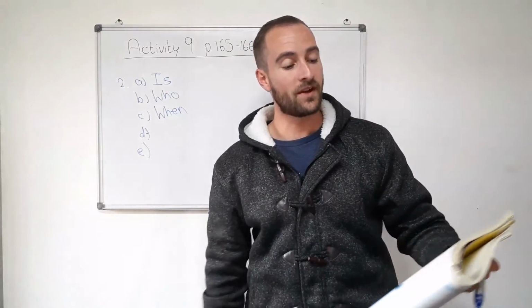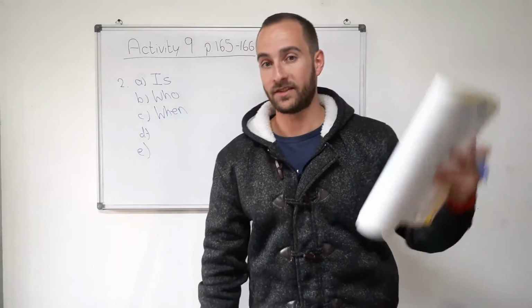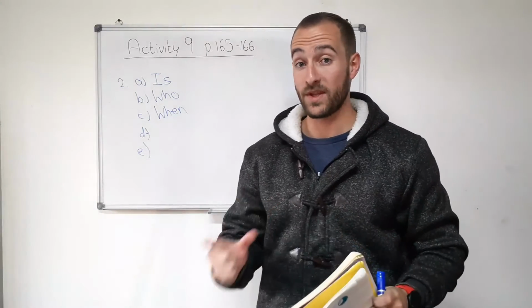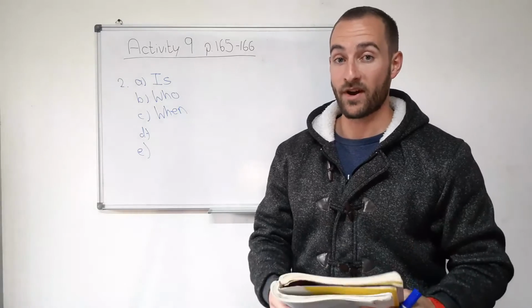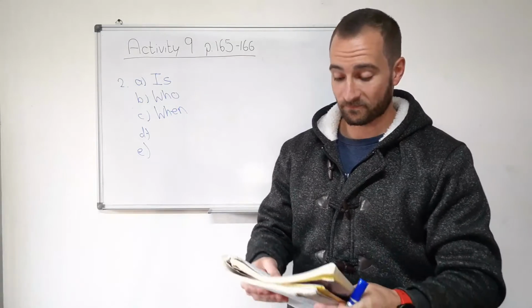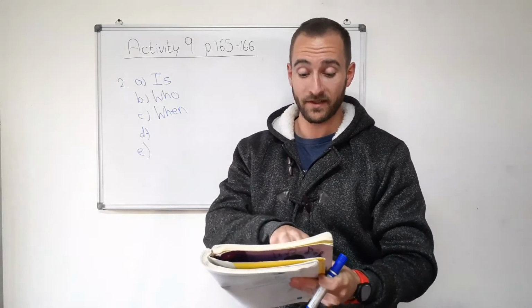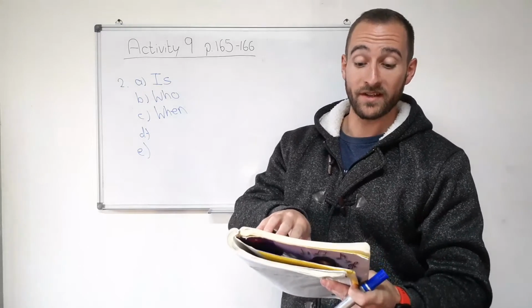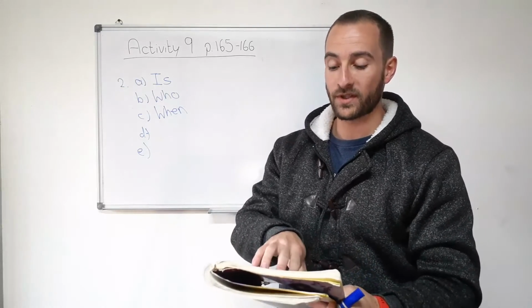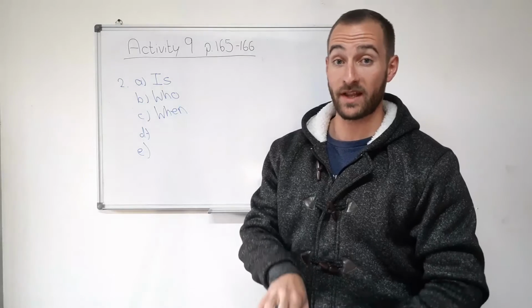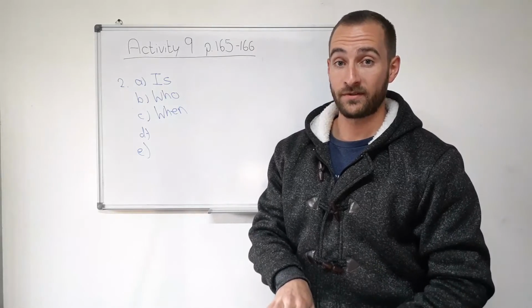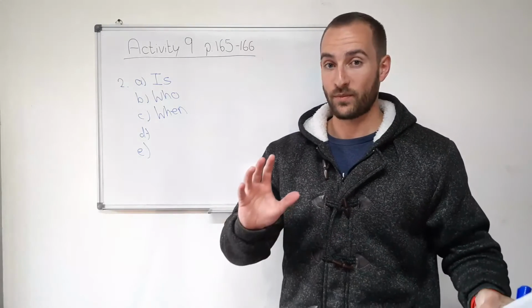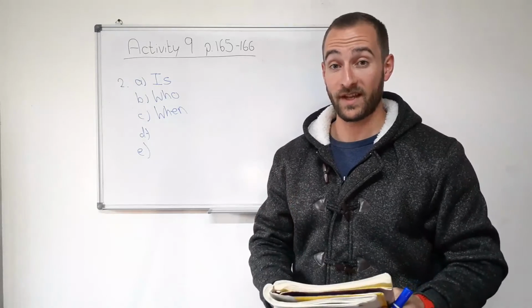The grade 10s put on a most entertaining play last week. So last week cannot be in my question. So let's read that answer. When did the grade 10s put on a most entertaining play? Question mark. That is correct. That would be perfect. You would get full marks for that.